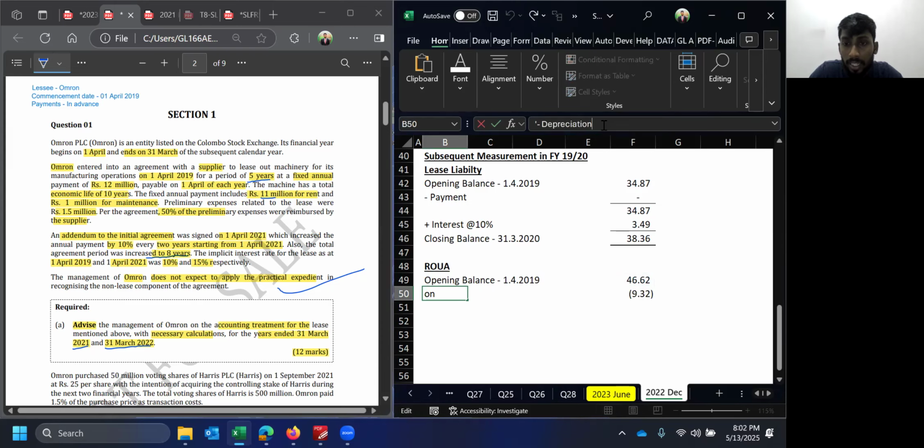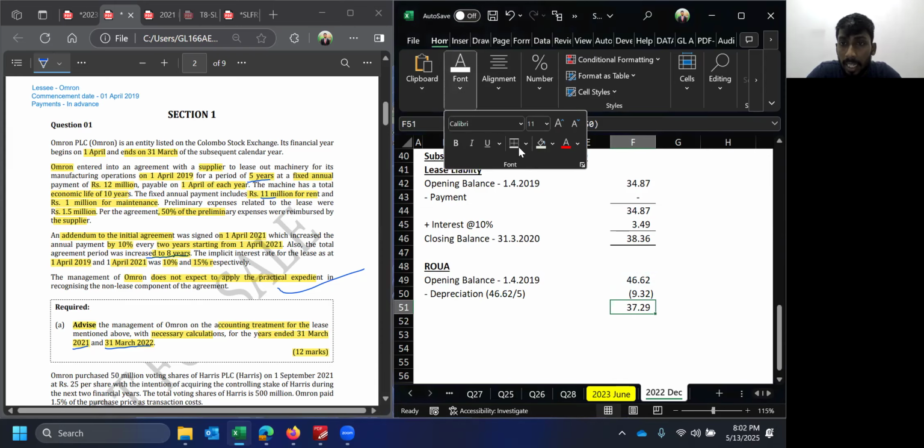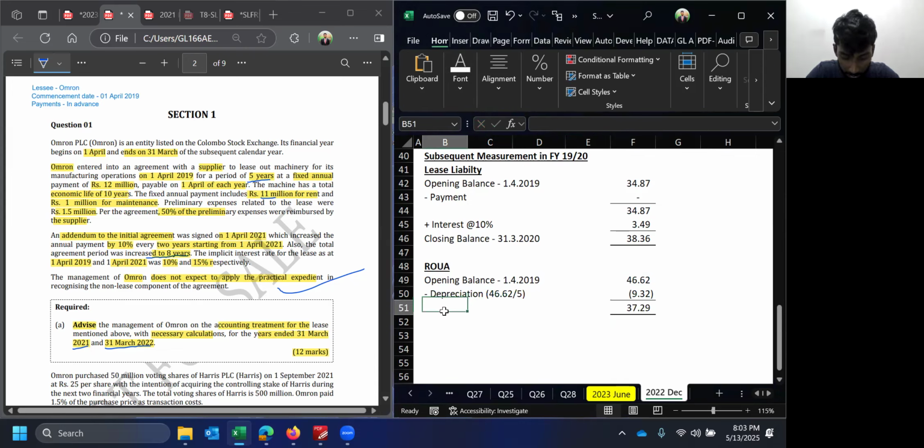So how to calculate that? 46.62 divided by 5. Accordingly, I have my closing balance as 37.29.